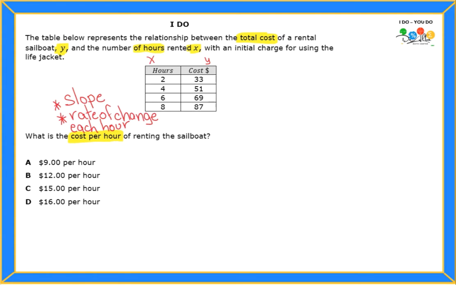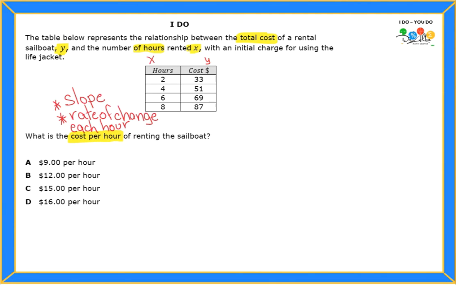So in order to find that, we can look at the table and try to find out if there's any pattern in the hours and in the cost, okay? And that will be the rate of change. So let's look at the hours. I've noticed that the hours are going by 2, 4, 6, 8, which means it's increasing.